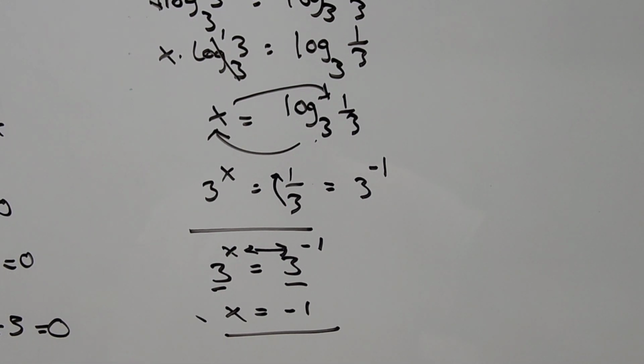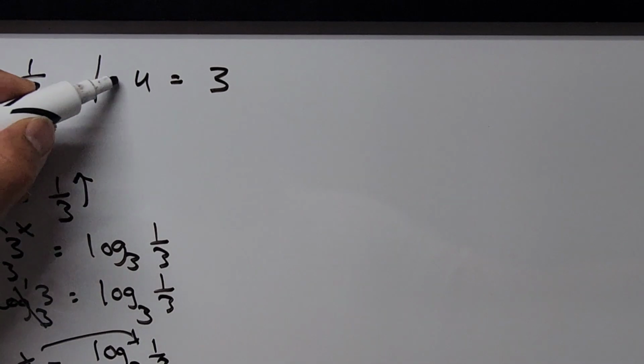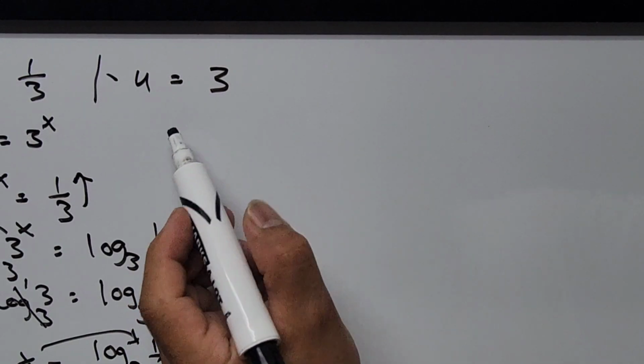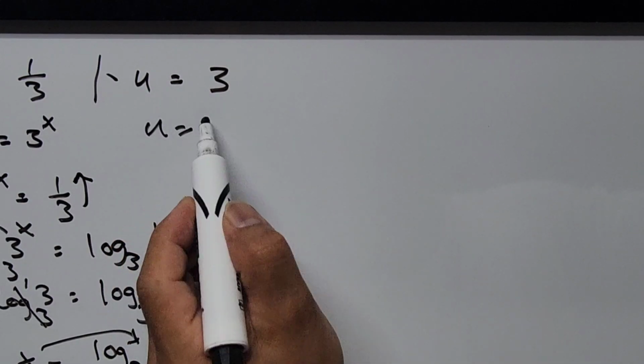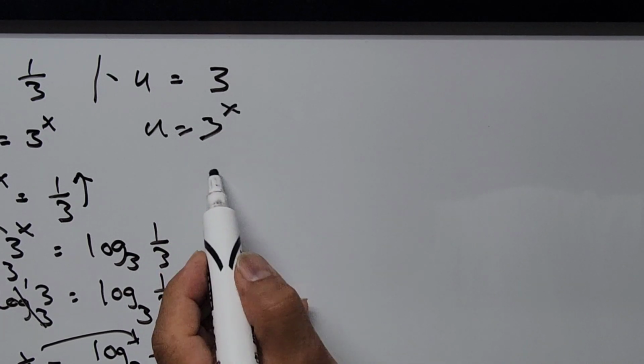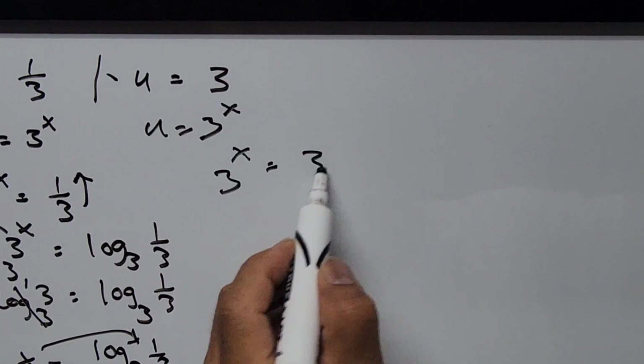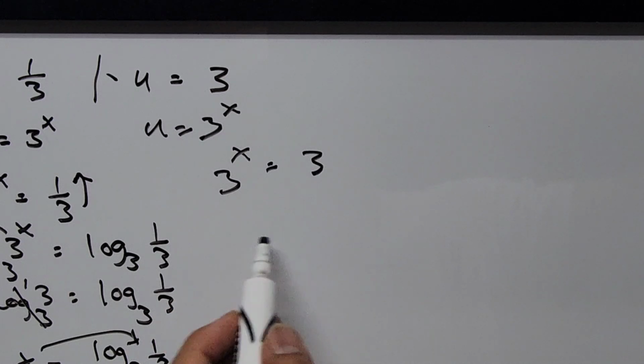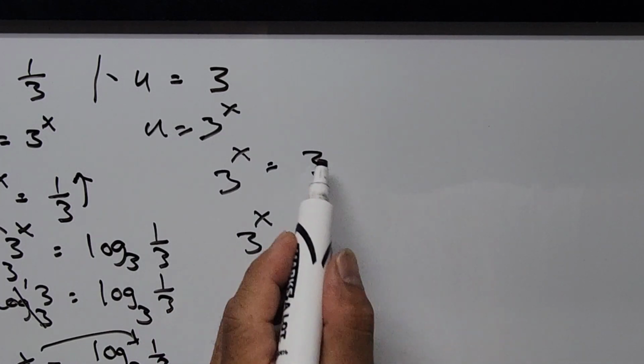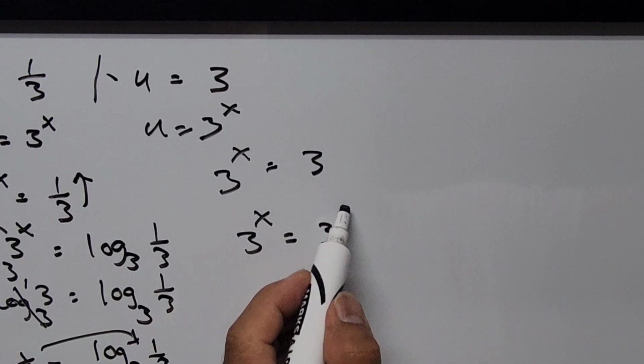And the other value of x, u is equal to 3. Once again, recall that u is equal to 3 to the power of x. So we have 3 to the power of x equals 3, which can be written the same way as 3 to the power of 1.